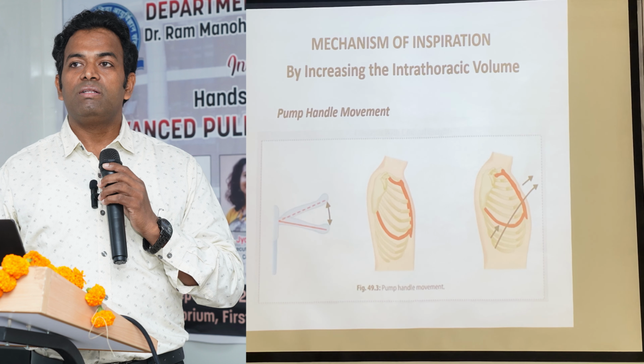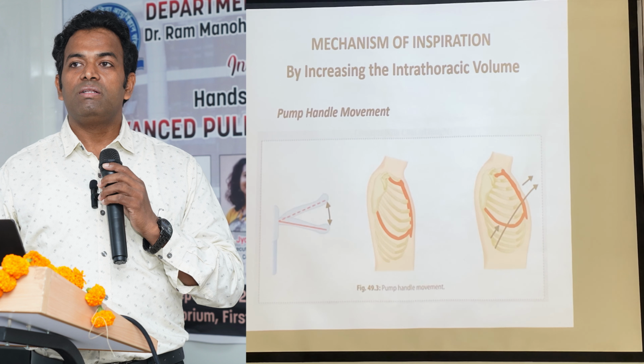The mechanism of inspiration works basically by increasing the intrathoracic volume, and this is done by two mechanisms. One is the pump handle movement, which occurs in the first 6 ribs.